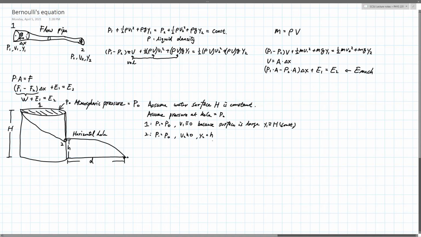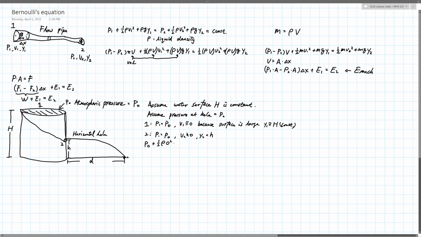All right, so now we have conditions at both ends of this flow tube or flow pipe, and we can use Bernoulli's equation. So using Bernoulli's equation, P1 plus all these equals P2 plus all these, and P1 is equal to P0, atmospheric pressure, and then rho times 0, since V1 is near 0 because the surface drops really, really slowly.